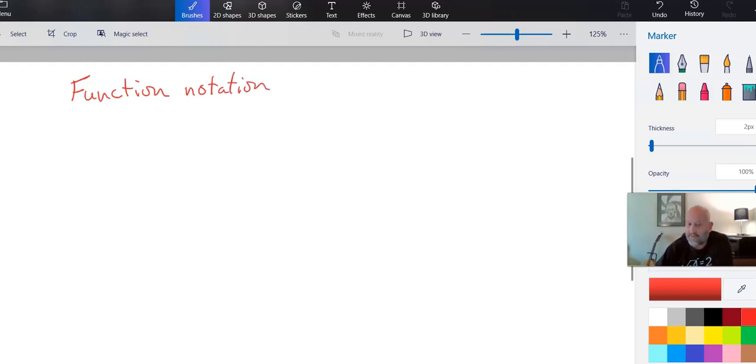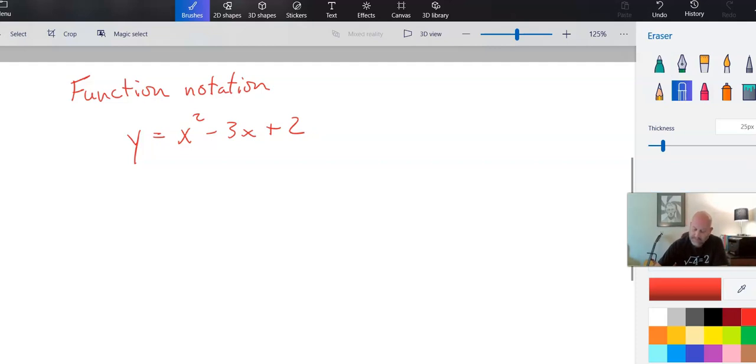In the past, when we've had things to evaluate, you get something like y is equal to x squared minus 3x plus 2, right? So let's say we had something like this. And you were told, well, to evaluate when x is equal to, I don't know, something like -2.